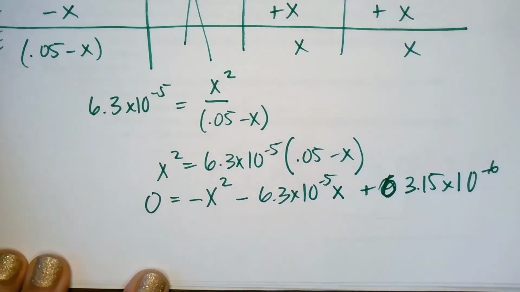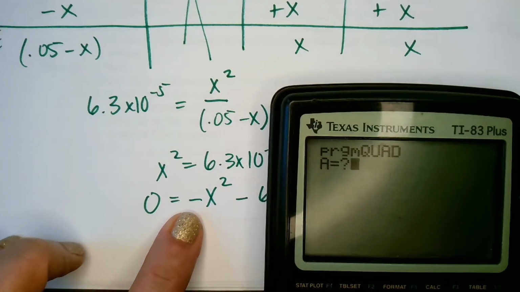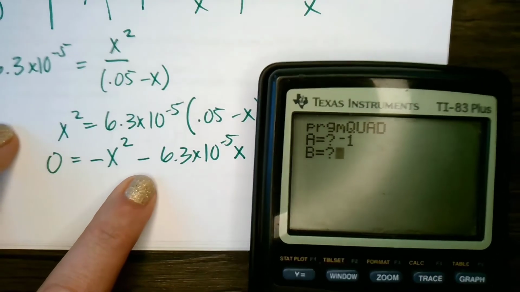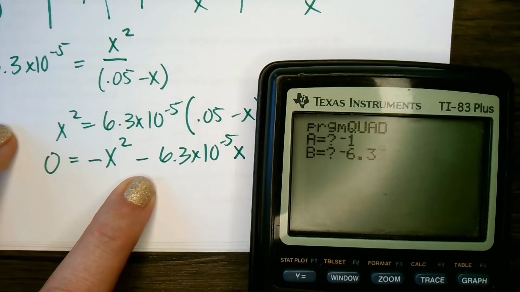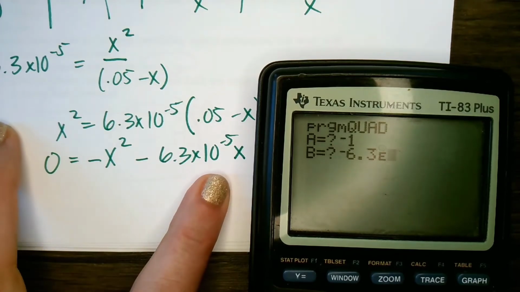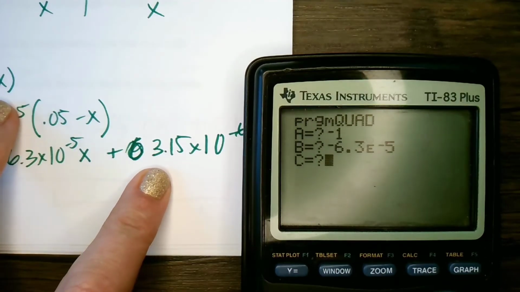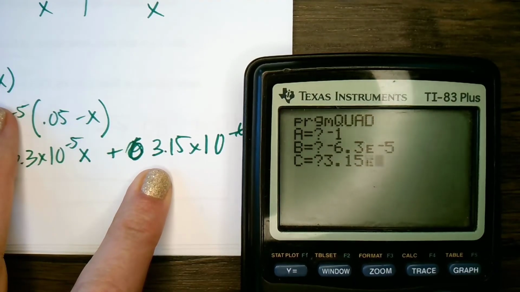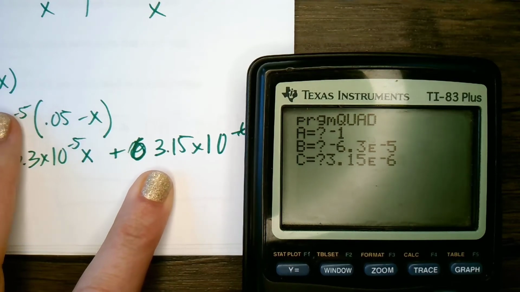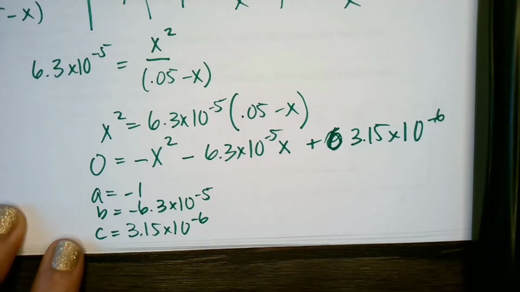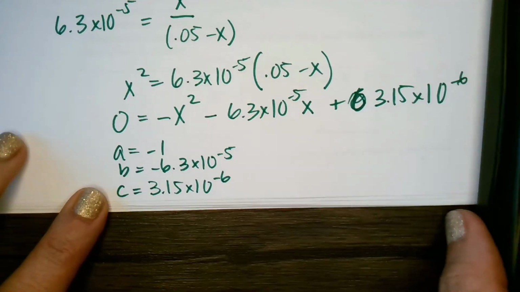So when we plug into our quadratic formula on our calculators here, we have A is equal to negative 1. B, we've got negative 6.3 times 10 to the negative 5th. And C is 3.15 times 10 to the negative 6.